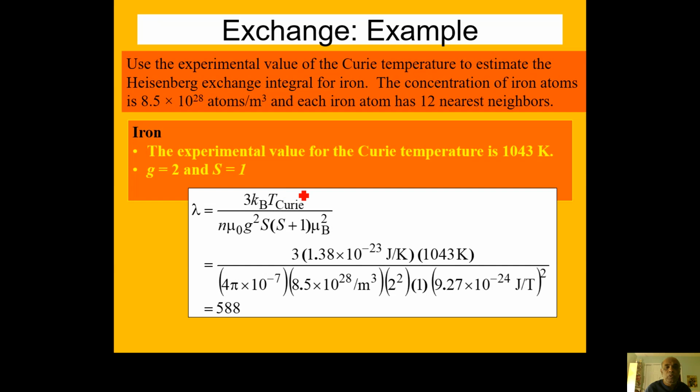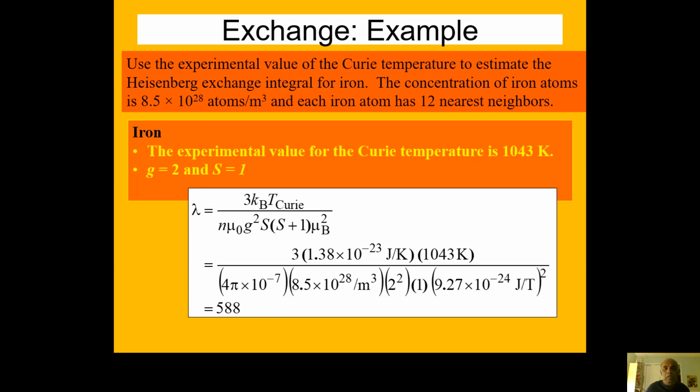Now if you use this equation for lambda, 3 kB Tc divided by this, you have all these values. S is 1, so this term becomes 2 squared. We have all other things, so if you do that, lambda is 588.